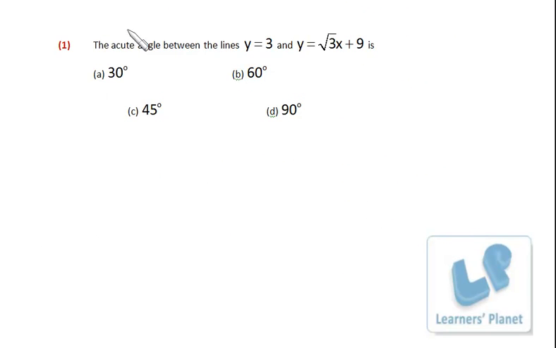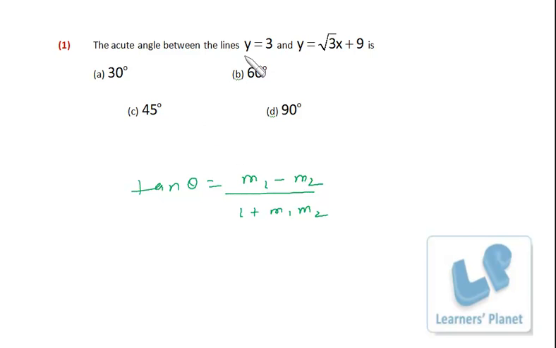Now the acute angle between the two lines y is equal to 3 and y is equal to root 3 x plus 9. We know the formula for finding the angle between two lines: tan theta is equal to m1 minus m2 upon 1 plus m1 m2, where m1 and m2 are the slopes of the two lines.